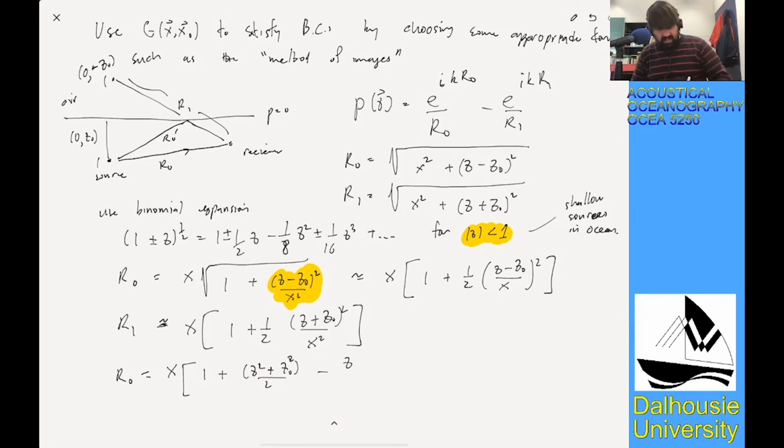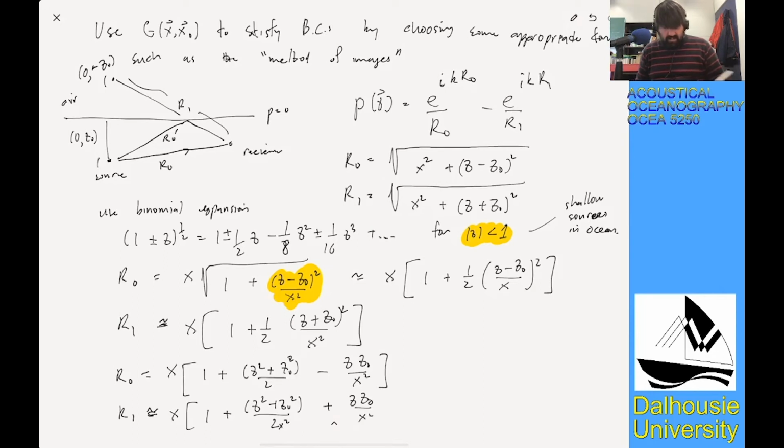So we can write the cross term here, z times z0 over x, and we're going to have a minus sign for R0, and for R1, we're going to have the two end terms, and now we're going to have plus the cross term.